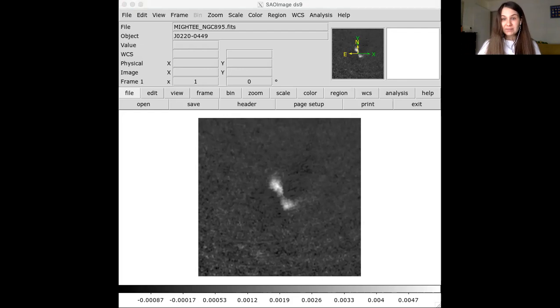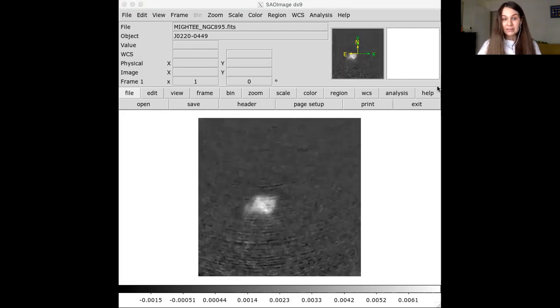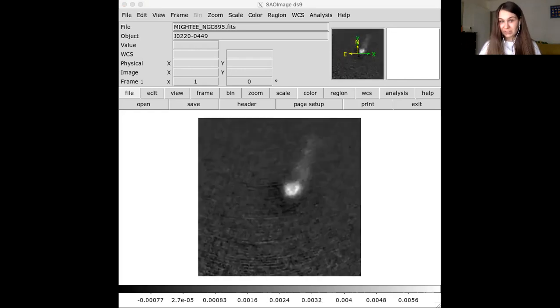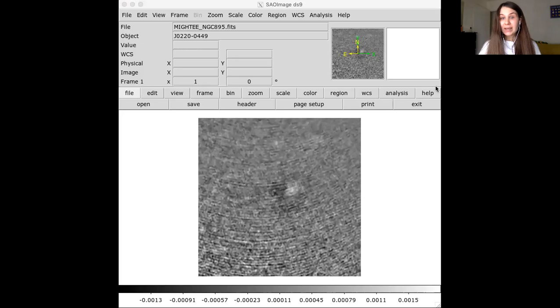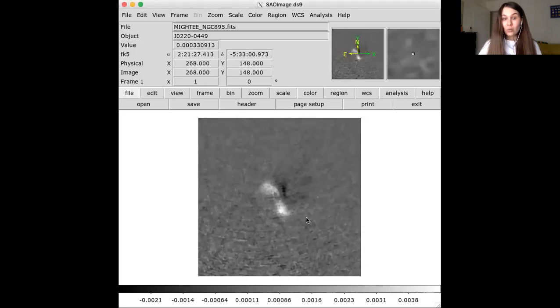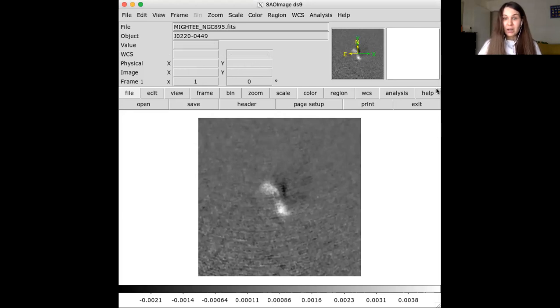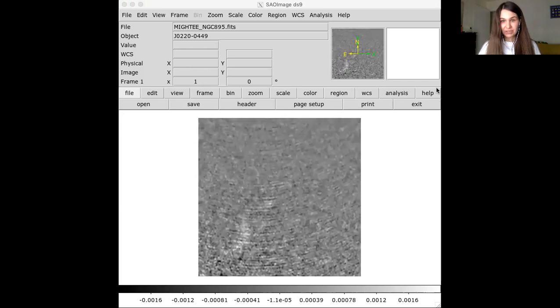However, when we are dealing with the whole data cube, as you see, we scroll through different channels, and the noise properties might change depending on the channel. For this reason, we select a region outside of emission, which will not have emission in any of the channels.